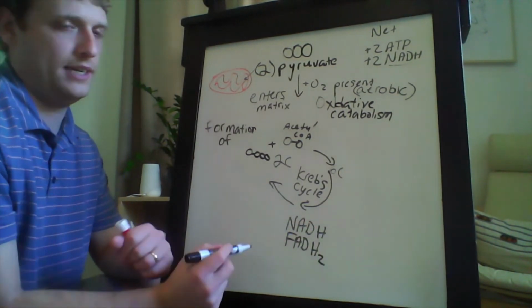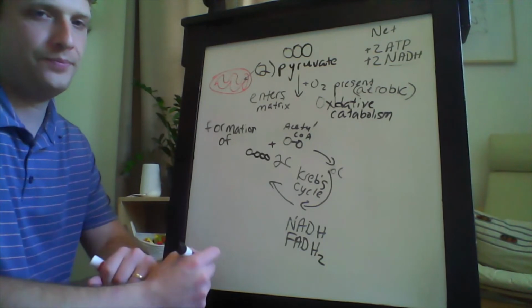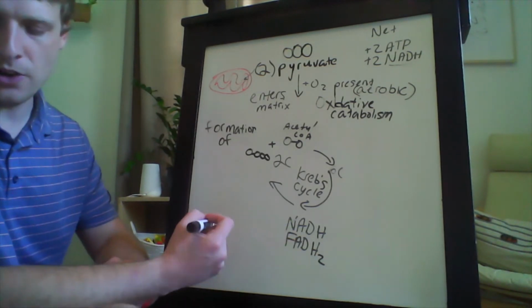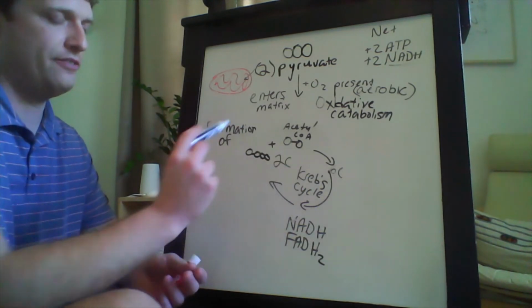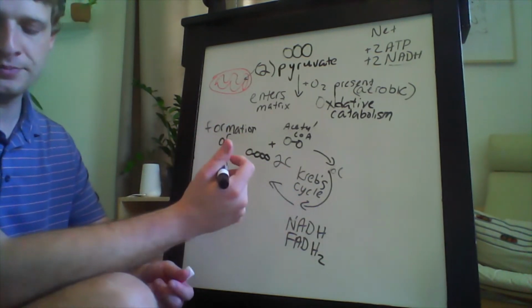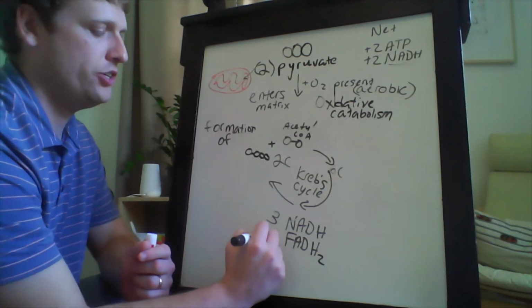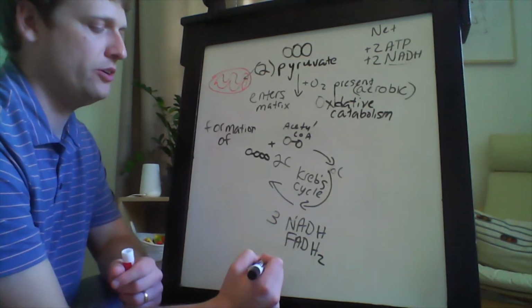You are reducing NAD and FAD. And again, these are electron carriers. So how many of these do you make for every turn of the Krebs cycle? You're going to make 3 NADH and 1 FADH2.